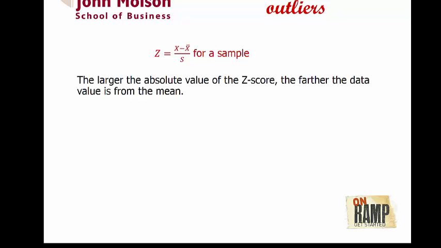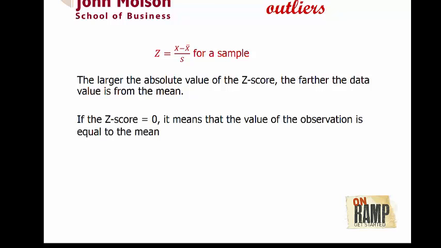This Z-score can be used to identify outliers. So this is again the formula for a sample. The larger the absolute value of the Z-score, the farther the data value is from the mean. For example, if I have a Z-score of 2, that means my observation is 2 standard deviations from the mean.